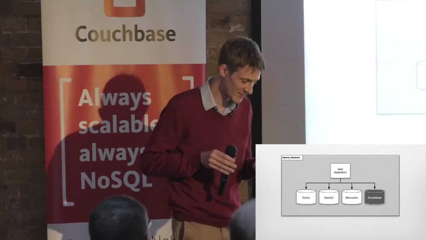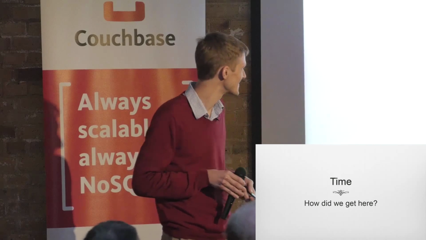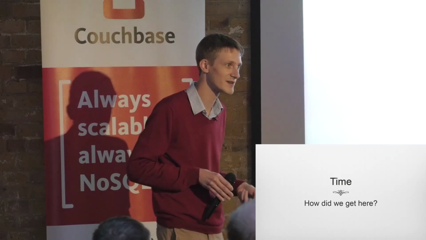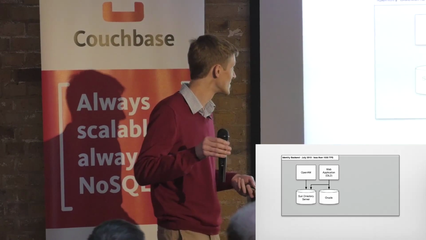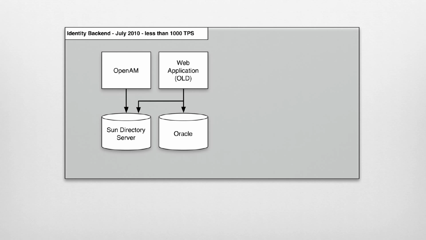So this is where we have to go into the time aspect of the journey. How did we get into the type of stack I just described? Going back in time to July 2010, here I'm going to show the type of TPS we tested the stack at. This is in 2010, and this was already an aging stack, 5 years old.